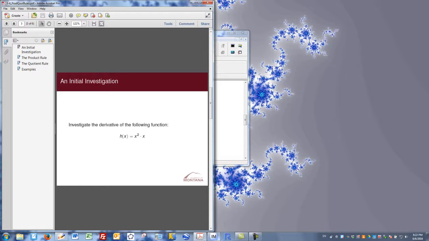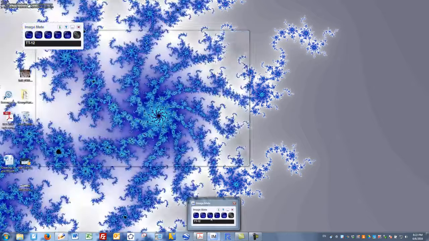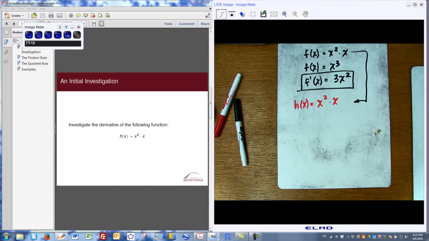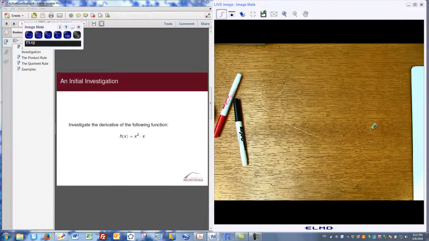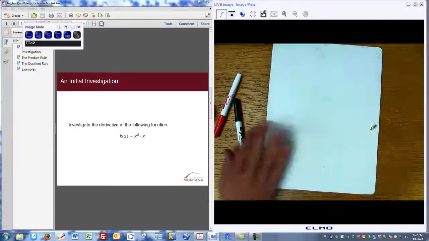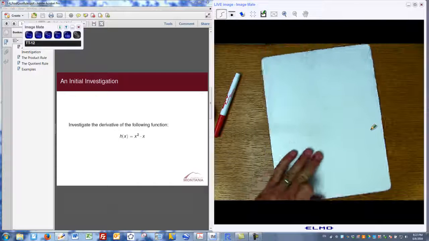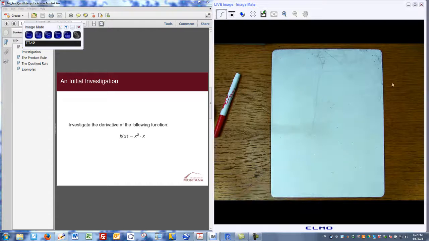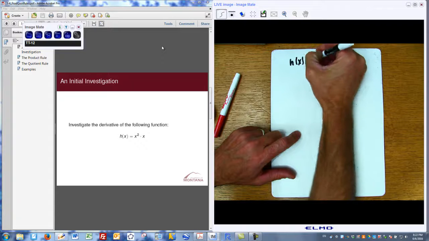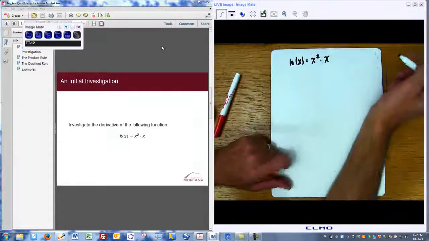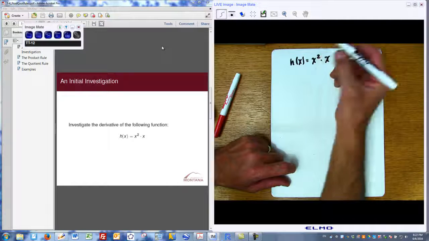So let's go ahead and fire up the ElmoCam and talk a little bit about that particular function. If h of x is equal to x squared times x, the first thing you should be thinking to yourself is, well, I know what this is.